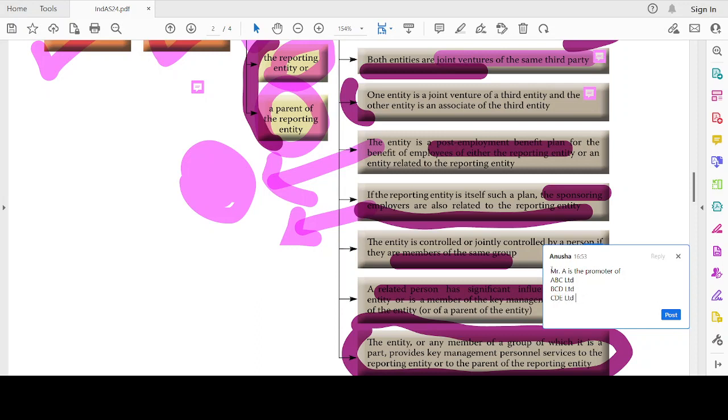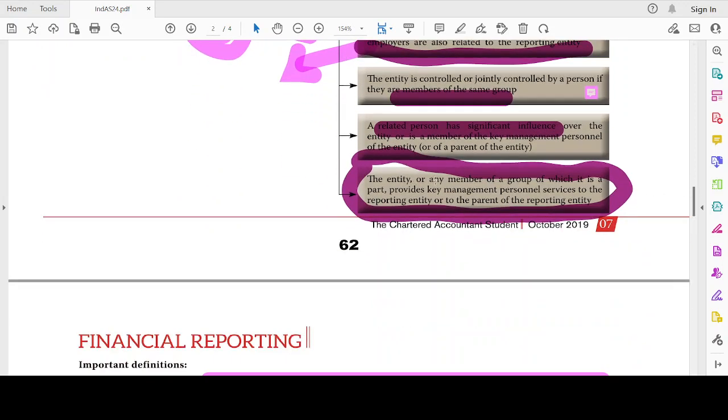All these three companies will be known as related parties. A related person has significant influence over the entity or is a member of the key management personnel. This is quite explanatory, right? Then the entity or a member of a group of which it is a part provides KMP services to the reporting entity or the parent of the reporting entity. There are some entities which give the KMP services.